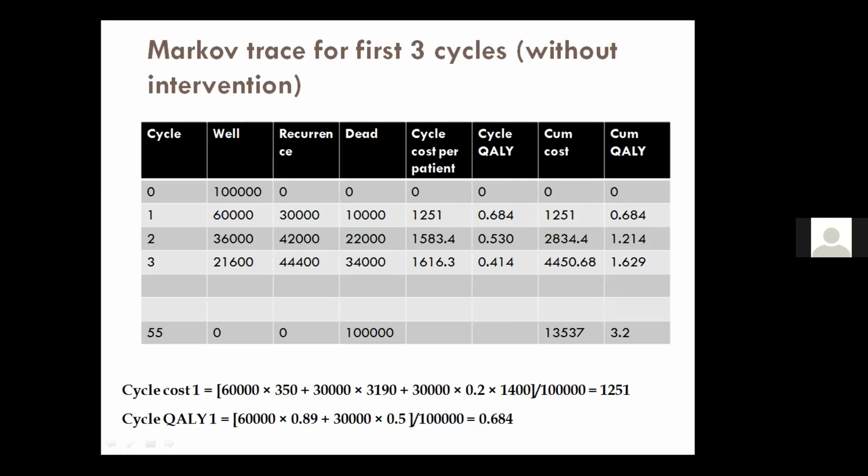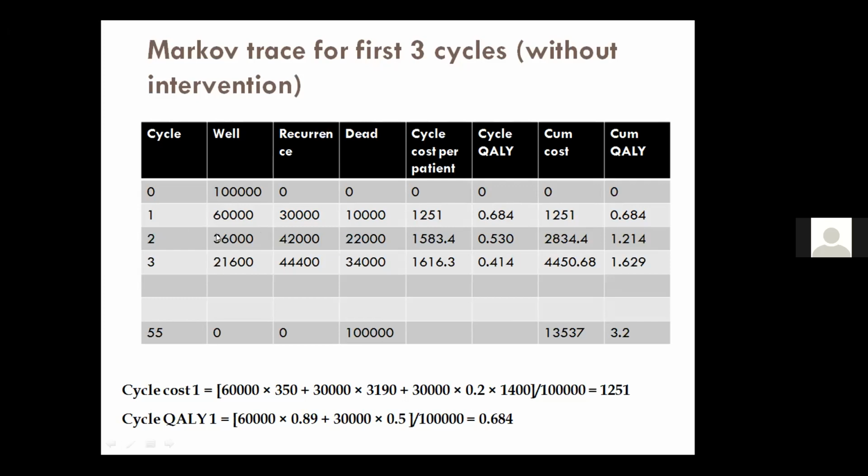Similarly for QALY 1, 0.684, how do you get this number? If you remember, the utility value of remaining well is 0.89. The utility value of remaining in recurrence is 0.5.